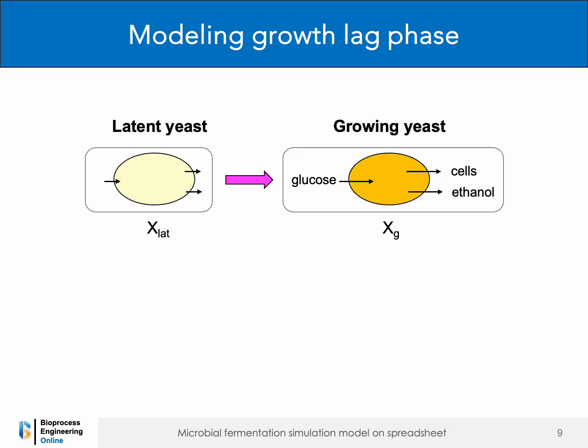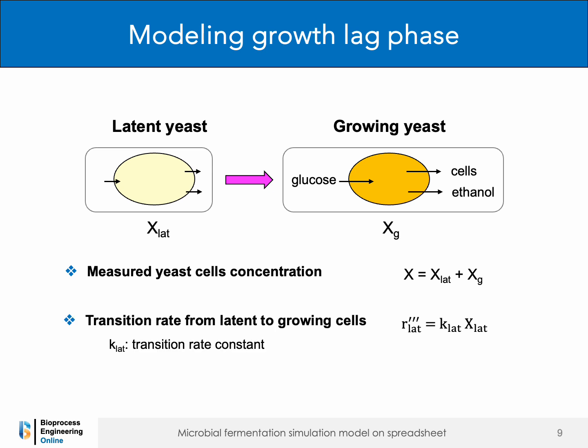The initial latency phase of yeast fermentation is conceptualized by assuming that, initially, the inoculated cells reside in a latent state characterized by minimal sugar consumption and growth rate. These latent cells X-lat gradually transition into actively growing cells Xg. The measured cell concentration X is the sum of the latent cells and growing cells concentrations.